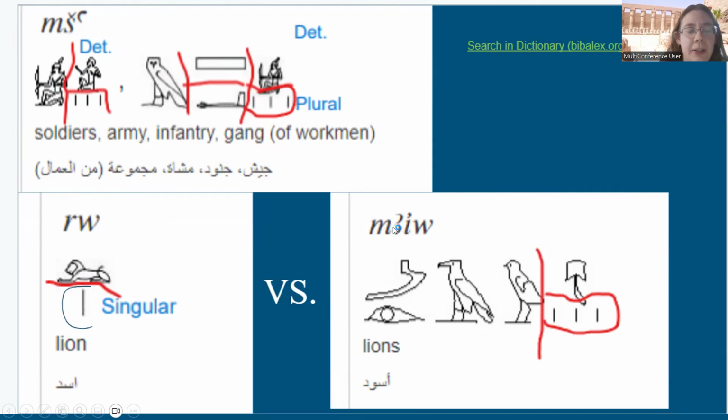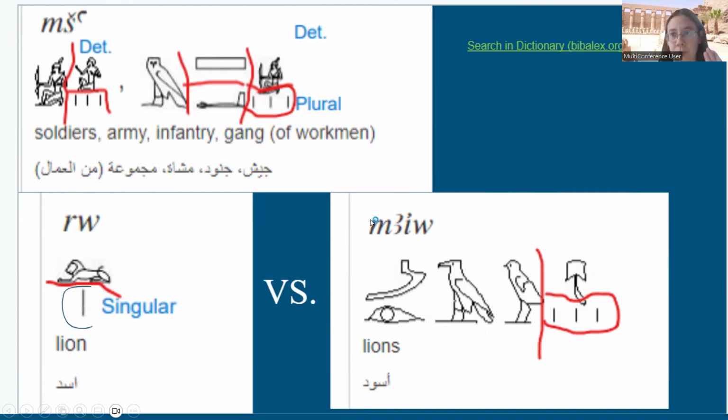And then the same thing with ma-e, they're all facing towards the left. So that's how you know, okay, I'm going to start here, then here, then here, and end here, or end with the phonetic parts here. And then you have the determinative part of the word, and then the plural strokes.